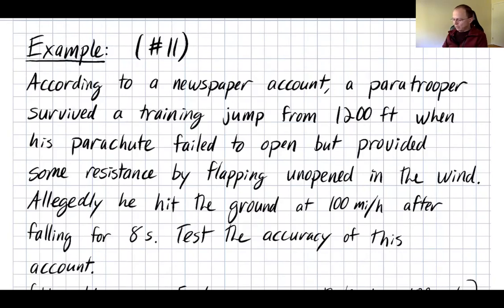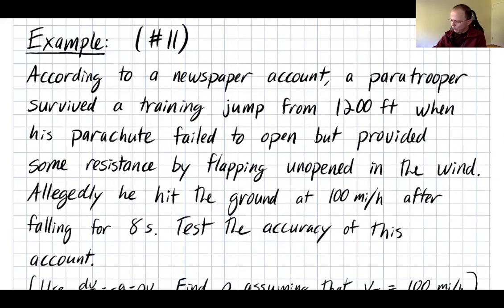So it did provide some resistance, and in the end, the unfortunate paratrooper did survive, but they estimated that he hit the ground at about 100 miles per hour, which is not good. And they say that he was falling for only 8 seconds.